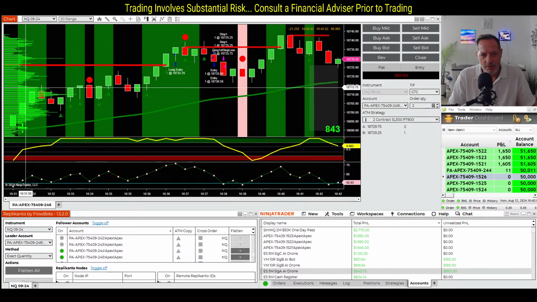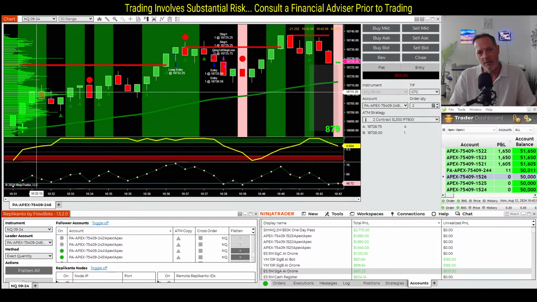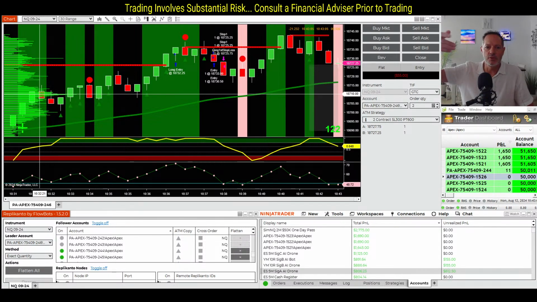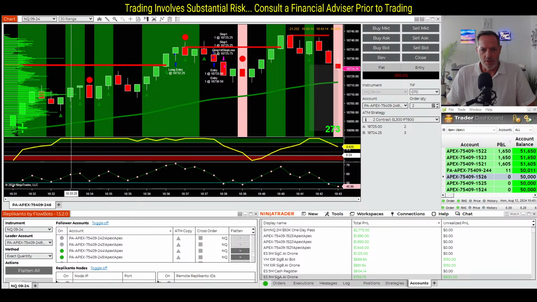What this indicator is called is a market profile, and it does give a profile of where the most trades happen. So the longer the line, the more trades that occurred at that point. And that's the way it keeps track. So we're looking at those for potential level indicators for price to move to.